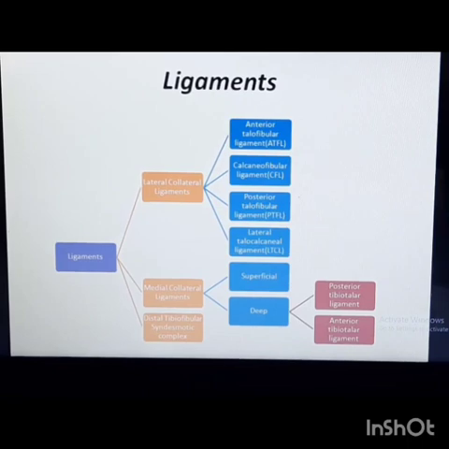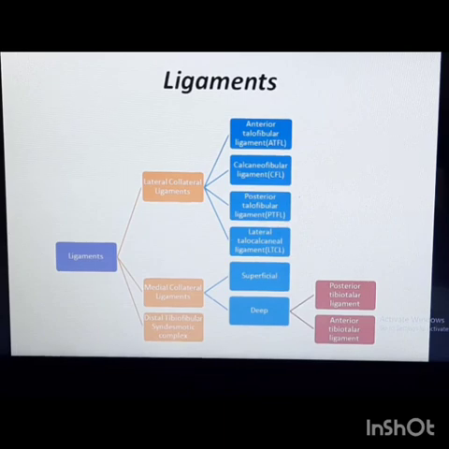In the entire discussion, we will mostly be discussing the lateral collateral ligament, because the lateral collateral ligaments are the ones mostly injured in football. Compared to the medial collateral ligament, which is a very strong ligament, the lateral collateral ligaments are comparatively weaker.